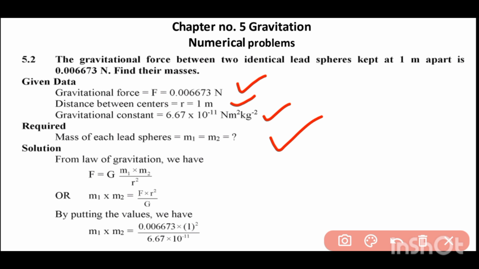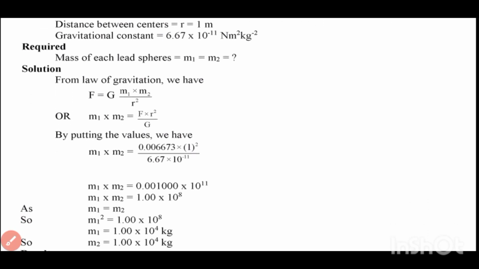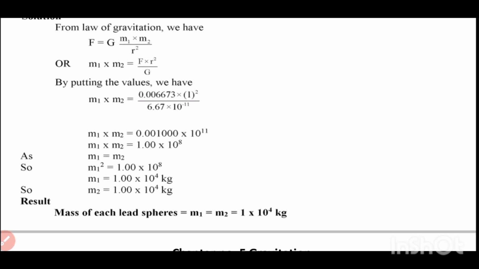So m1 multiplied by m2 is equal to F multiplied by r square divided by G. After putting the values, we get m1 multiplied by m2 is equal to 1.00 multiplied by 10 raised to power 8.